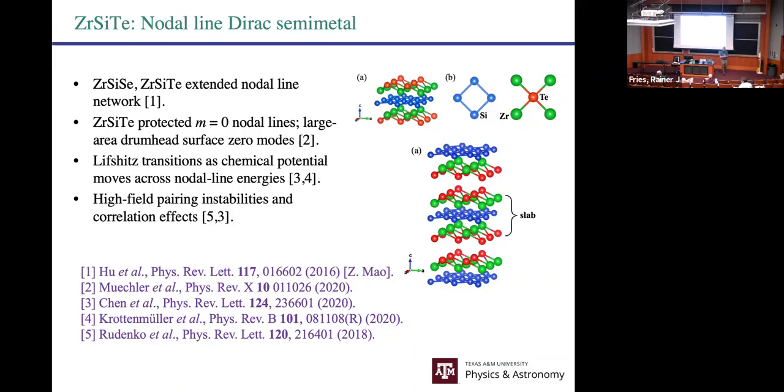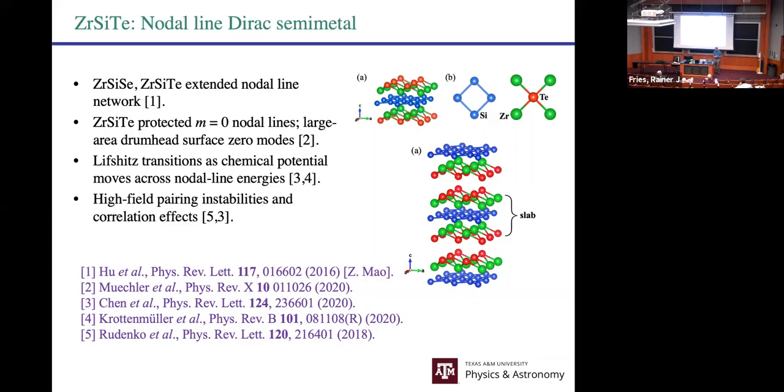One is that in high fields, there is apparent excitonic behavior because of having a nodal line instead of just a nodal point. You have a high density of Dirac states, and that high density of Dirac states means you can have strong interactions between carriers, and so there's strong electron-electron effects in these systems.